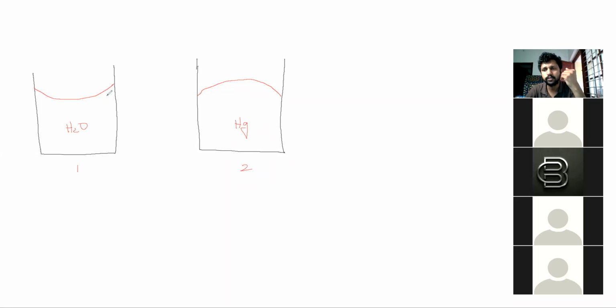What's cohesive force? The force of attraction between similar molecules is called cohesive force. The force of attraction between dissimilar molecules is called adhesive force, isn't it? Therefore, as an example, the force between water molecule and water molecule is cohesive force.